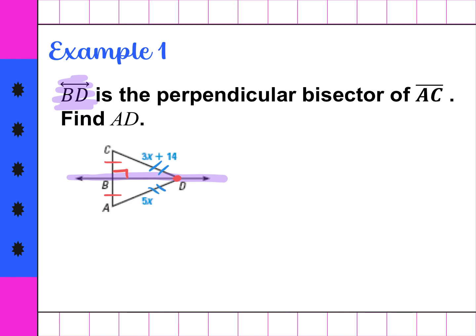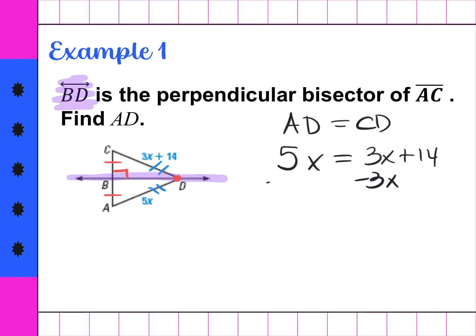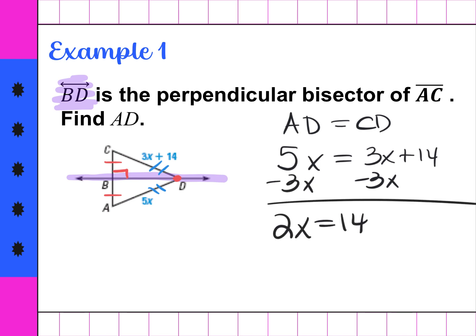So to find the length of AD, I first need to set them equal to each other and find the value of X. So I'm going to set AD equal to DC, or CD, it doesn't really matter. So 5X equals 3X plus 14. I'm going to subtract 3X. 2X equals 14.